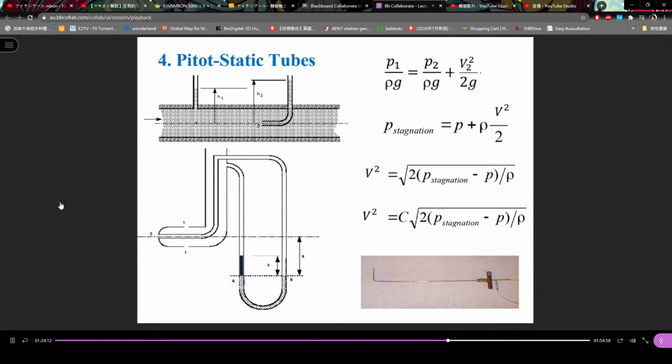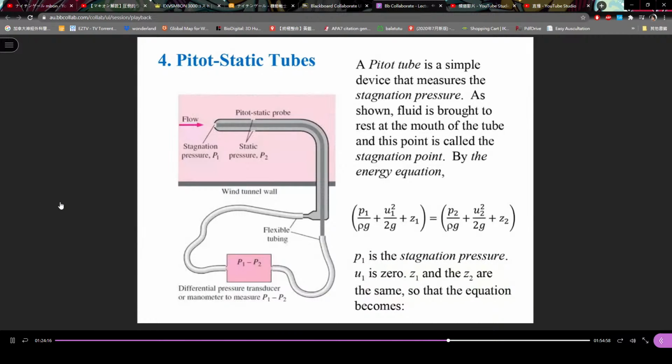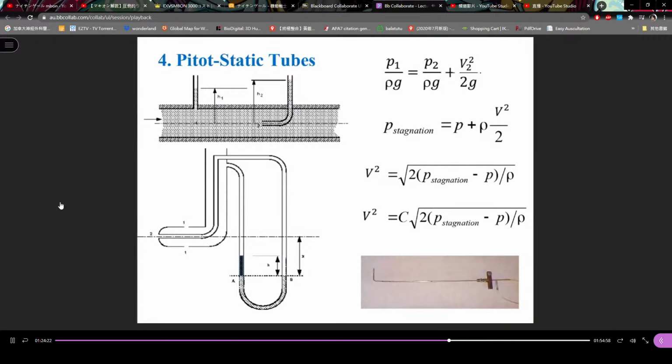For example, I show you. Let me see. Okay, for example, if we have a circular pipeline, and this is the center of the pipeline, this is a cross section, and we choose this point to measure it.